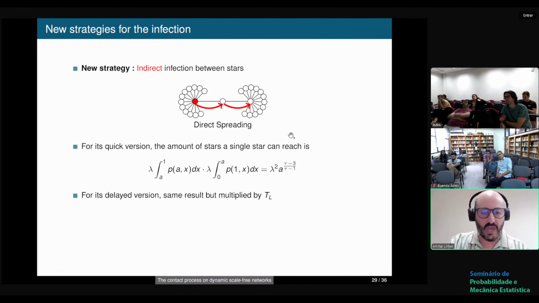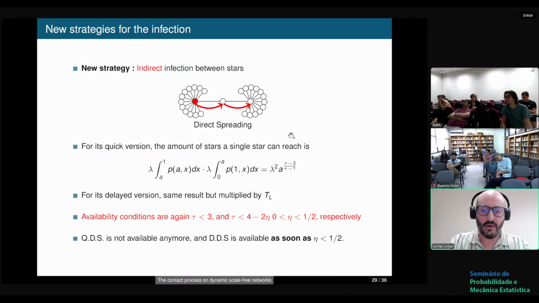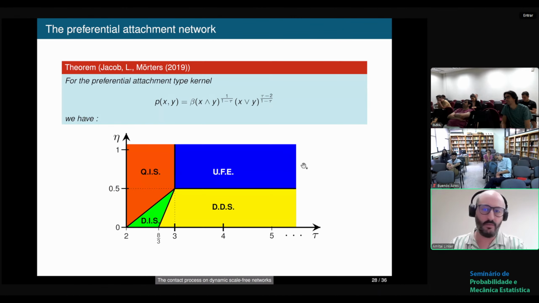You can do the same heuristics, obtain the density of the infected vertices as well as the conditions, and consider every single strategy so far and decide which one is optimal.